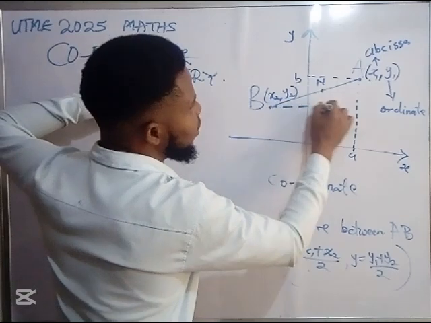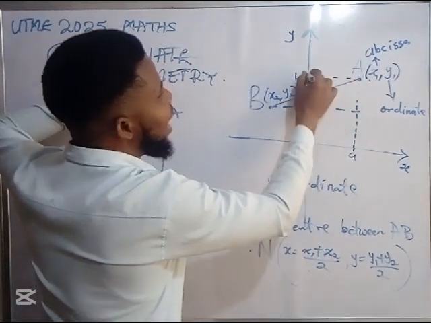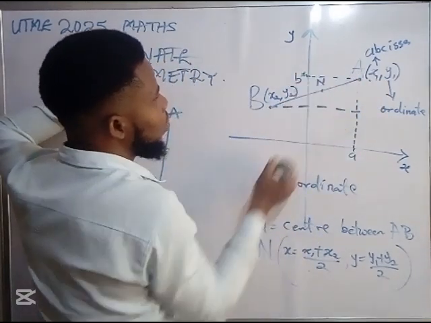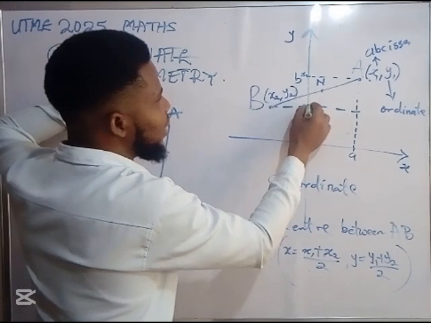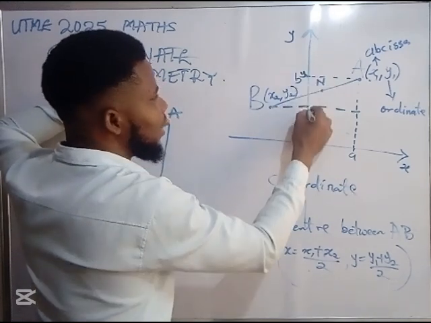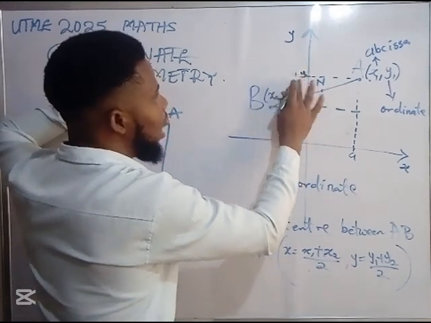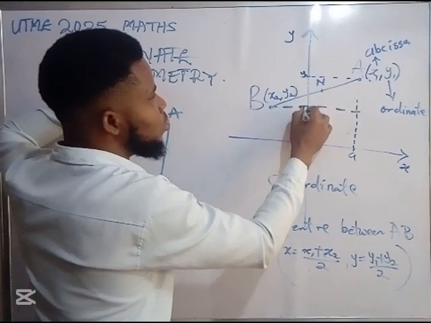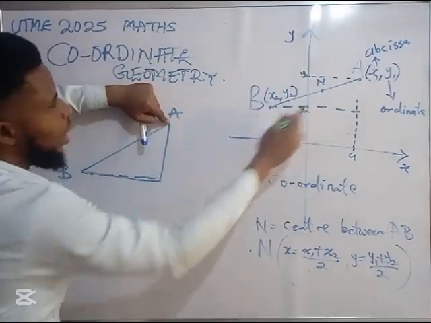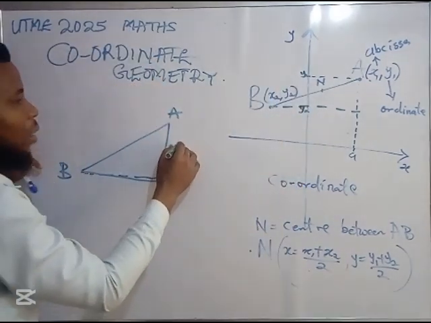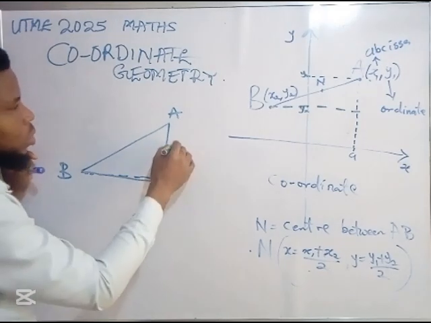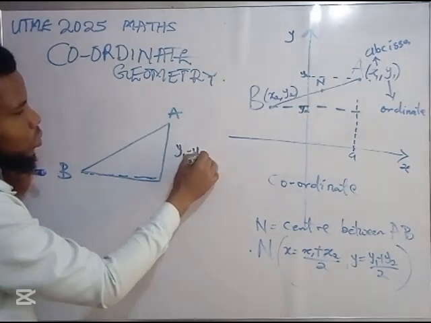Now look at this. We will have here x1, and here as y1, and here as y2, right? From here to here will be y1 minus y2, right? Okay. Y1 minus y2, isn't it?